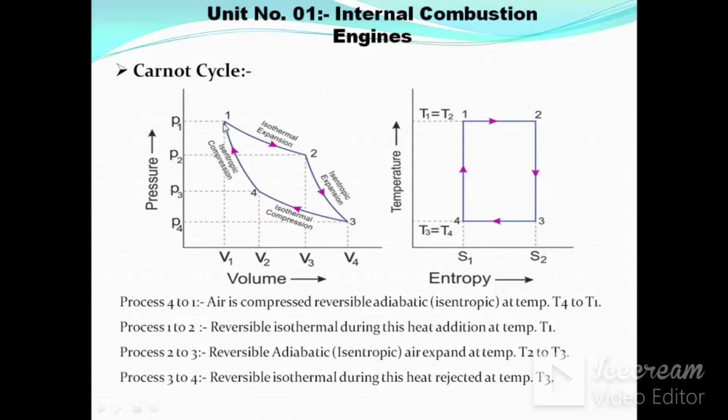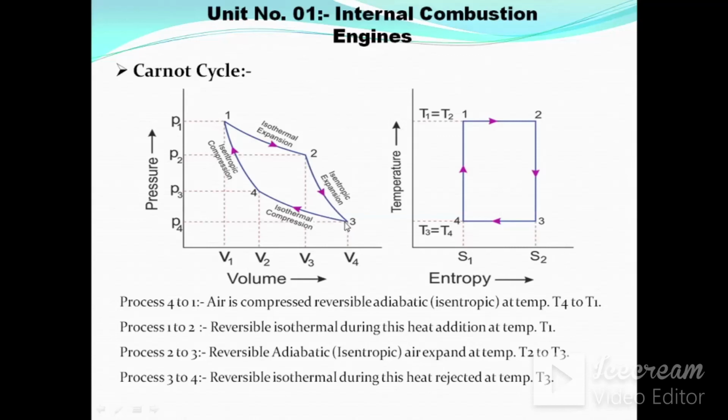When it reaches point 1, the process 1 to 2 is our heat addition process, which is a reversible isothermal process. During this process heat is added at temperature T1. After point 2, process 2 to 3 is an isentropic expansion process, meaning reversible adiabatic, where air is expanded from T2 to T3.